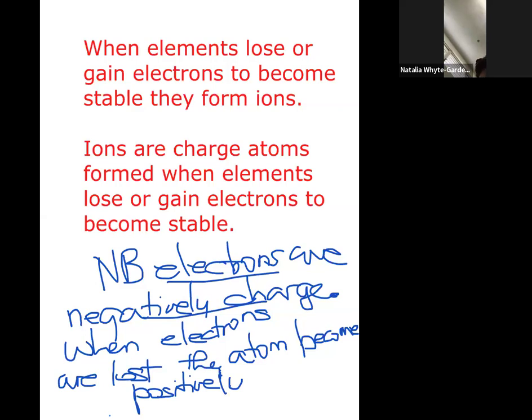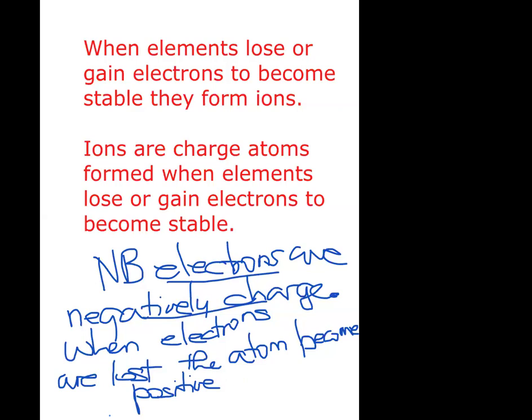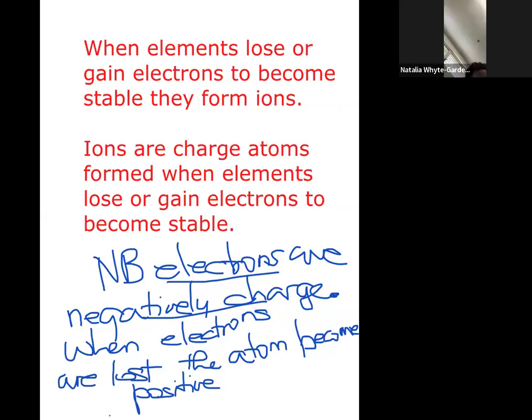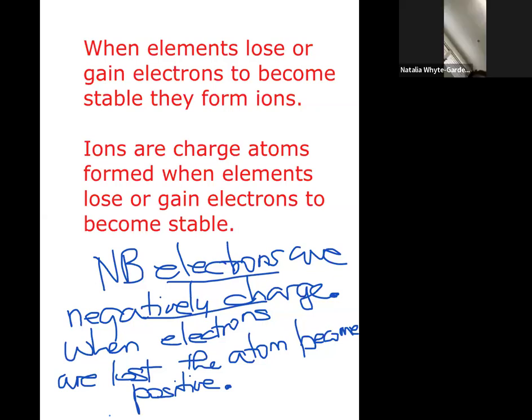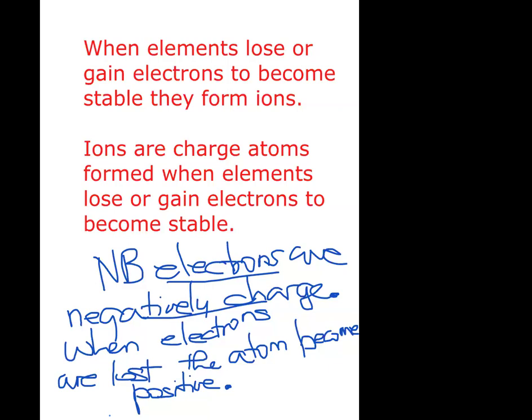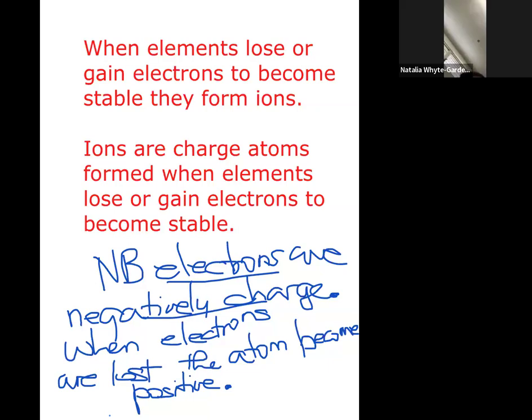Clear? Now, if you should gain electrons, what's going to happen to you? It will become negative. Let's go again. Electrons are negatively charged, so if we lose electrons, we are becoming more positive.